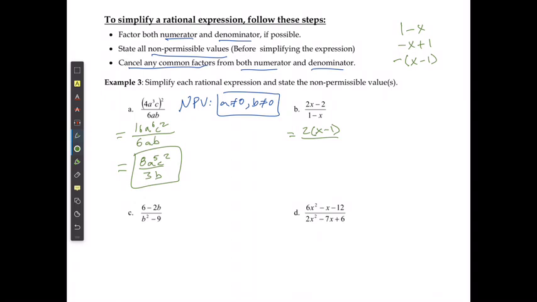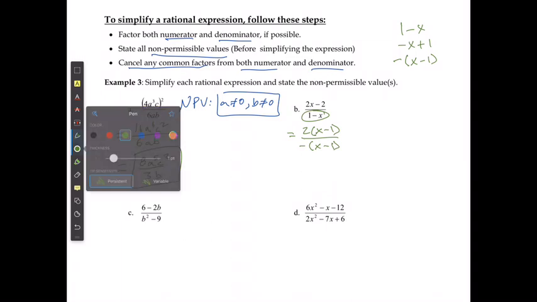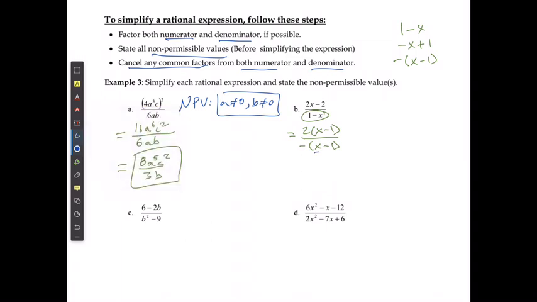So anytime that you see that they're in the wrong order, then you can flip the order of this difference and add a negative outside the brackets, x minus 1.